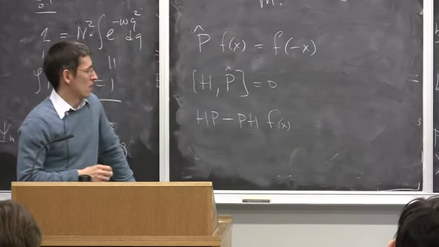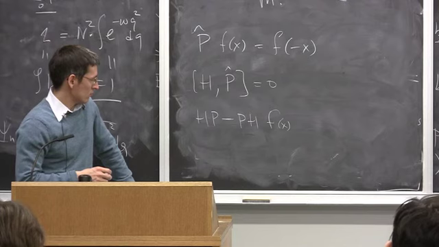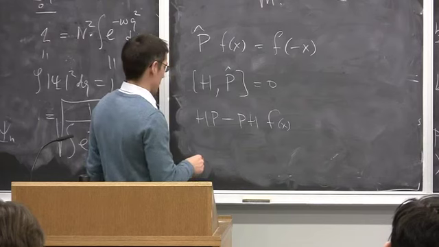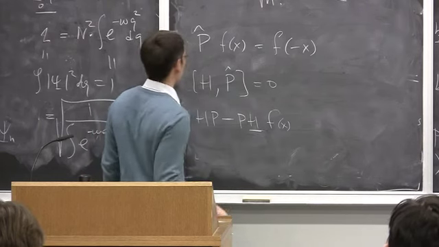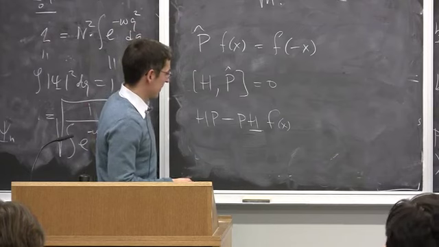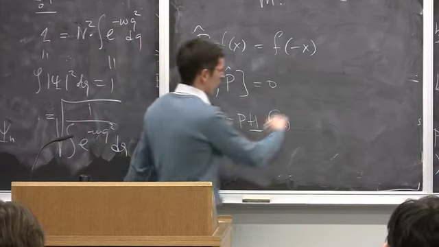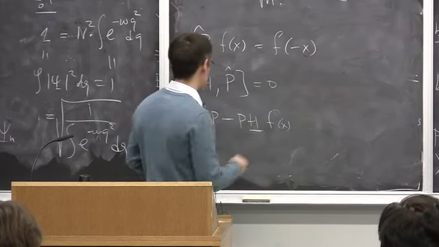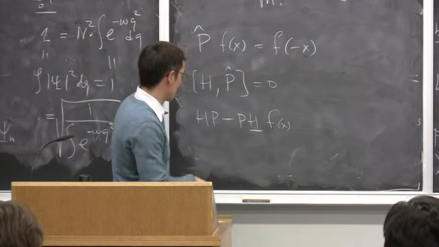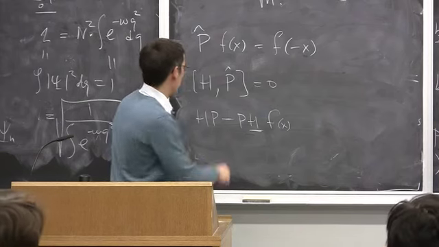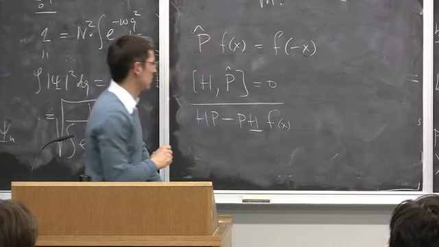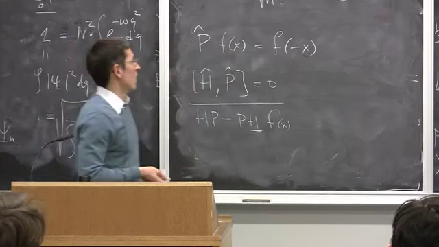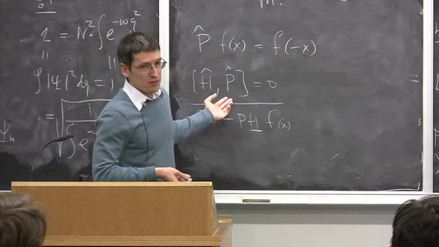Okay, and that's kind of easy to see because the Hamiltonian of the harmonic oscillator only contains the coordinates squared, so changing the sign in those coordinates doesn't change the result of the action of the Hamiltonian. And because these two operators commute, that means they share eigenfunctions, right? What are the eigenfunctions of the parity operator?